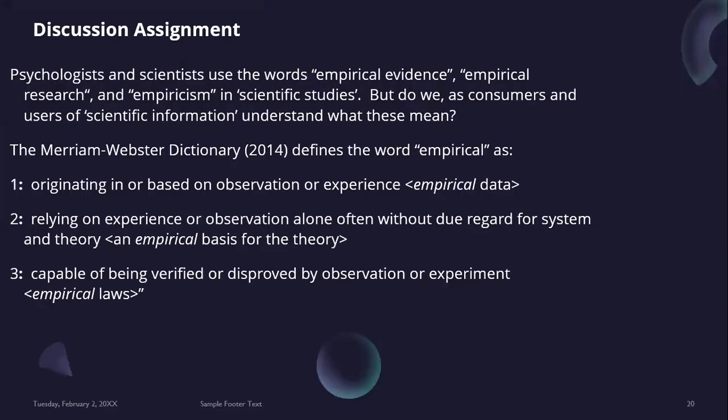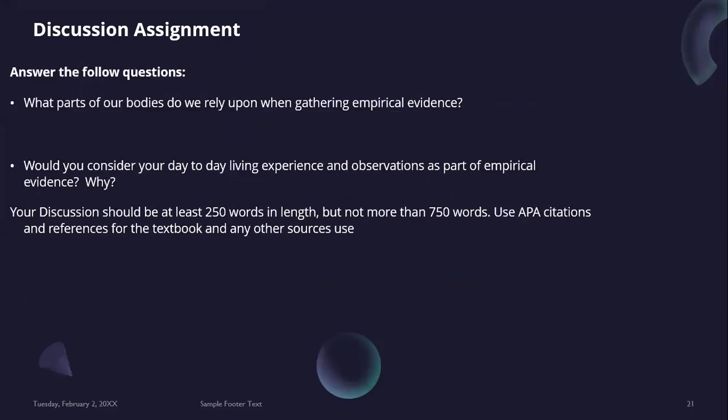Your discussion assignment this week is psychologists and scientists use the words empirical evidence, empirical research, and empiricism in scientific studies. Now, but do we as consumers and users of scientific information, do you understand what these mean? So what you're going to do is you're going to read this, work to understand it. I'm not going to say you have to understand it, but you're going to work to understand it, and then you're going to answer the following questions. Again, this discussion assignment is in your learning guide.